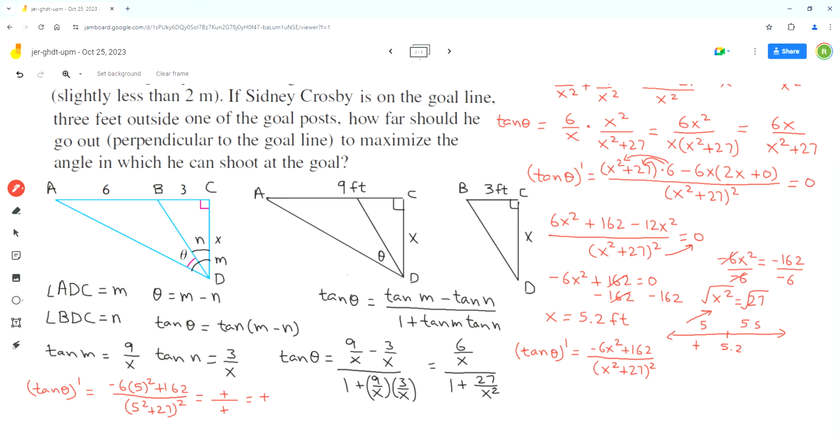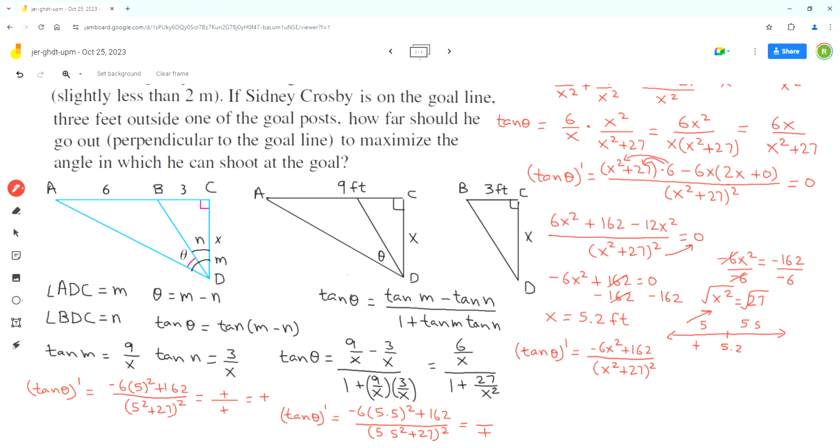Now we can use the test value 5.5. The denominator will give us a positive value because of the square on the expression, and in the numerator we have to do -6 times 5.5 squared plus 162, which is equal to -19.5.